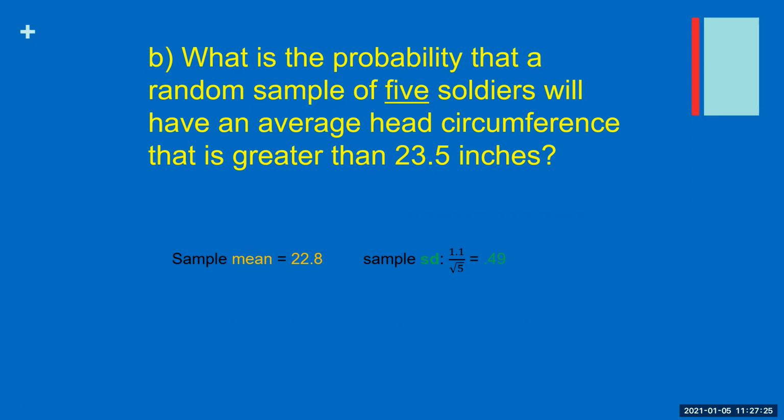Now we can just translate it into a z-score. So if we take x minus the mean divided by our new standard deviation, 0.49, crunch the numbers, we get a z-score of 1.43. So again, this problem is asking us to find probability. We're looking for the probability that x is greater than 23.5, which we translate into the probability that z is greater than 1.43.